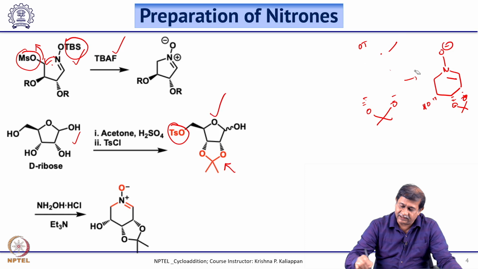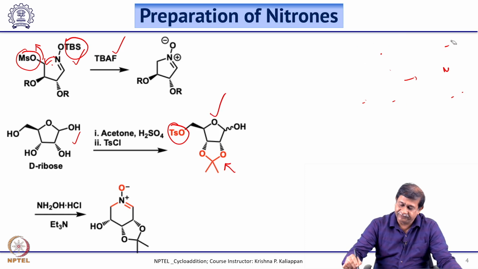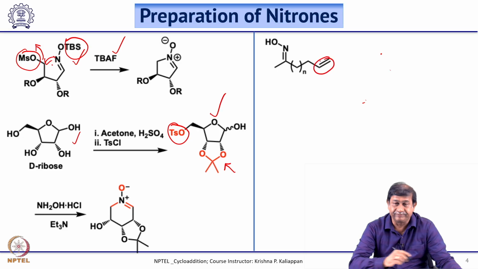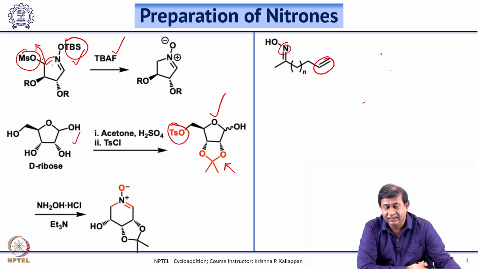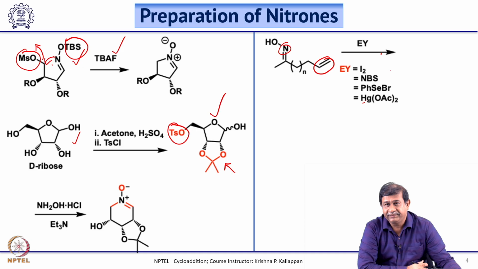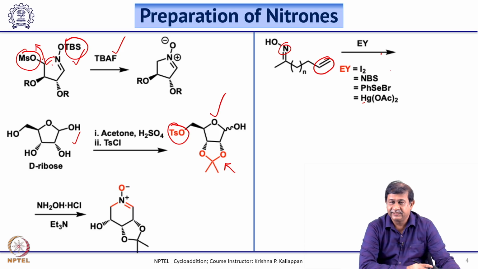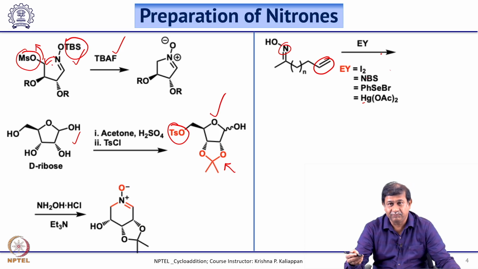And there are other methods also to make nitrones. Say, for example, if you have a double bond, a terminal alkene, and also an oxime. Now, if you treat with reagents like iodine, NBS, phenylselenyl bromide and mercuric acetate. So, basically what will happen, this iodine or NBS or phenylselenyl bromide first will form the corresponding iodonium or bromonium or phenylselenonium, the 3-membered ring.